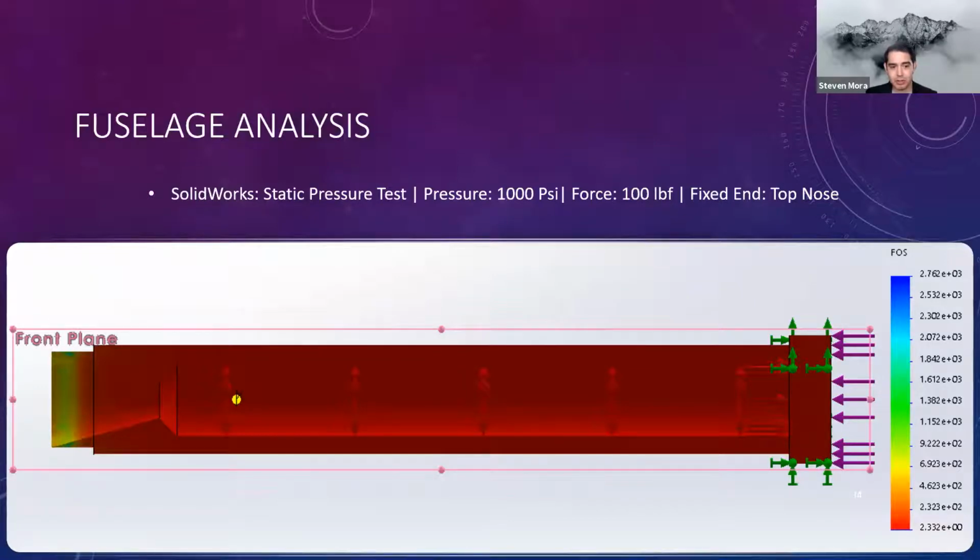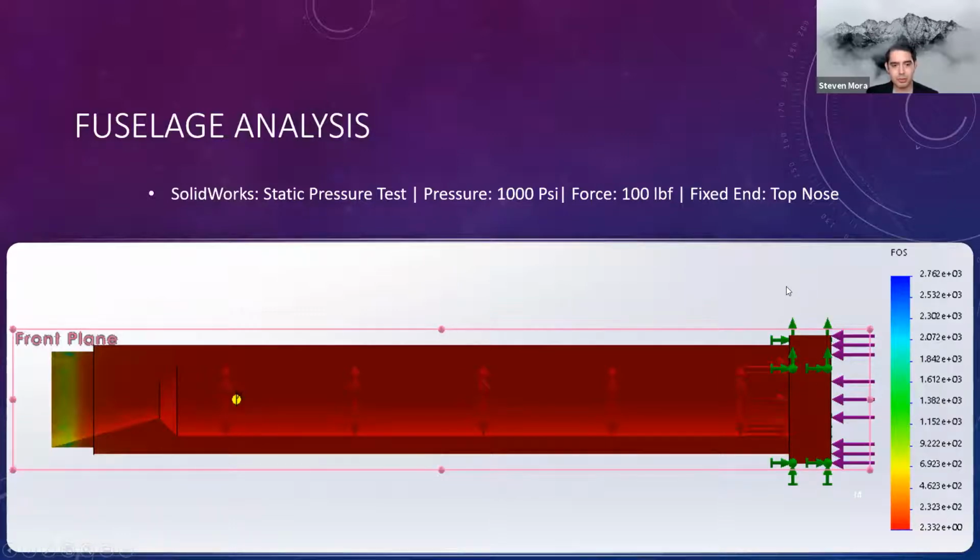In addition, in order to replicate the real life scenario of what is actually going to be going on, more explained later on, we have a force of 100 pounds being applied on the top end of this cap here. We call this a bulkhead. We're also putting a fixed end on the outer radius of this top nose.